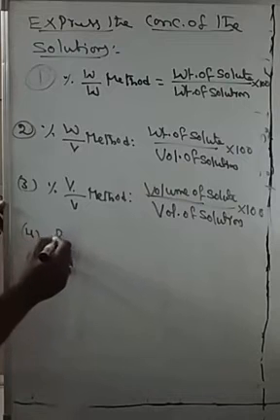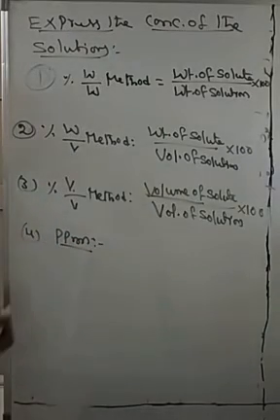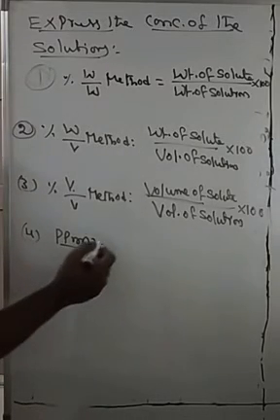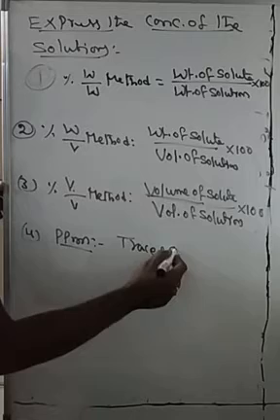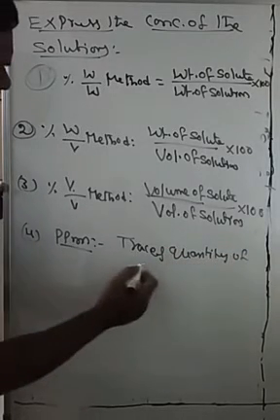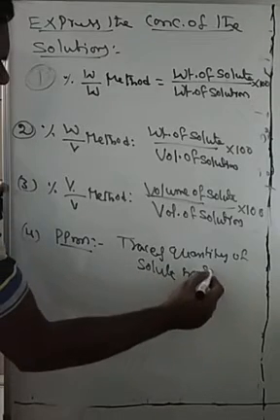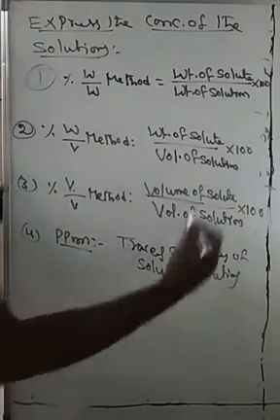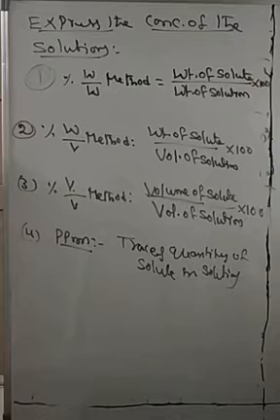And fourth one is ppm method. Especially this method is used for trace quantities of solute in solutions, like air pollution and water pollution are expressed by using the ppm method.